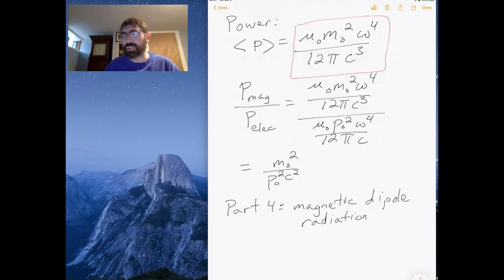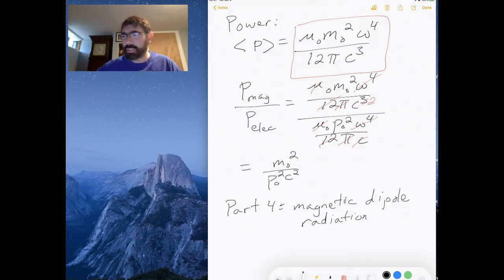So I took the ratio of the two, and a lot of the terms cancel out. What you're left with is just the ratio of the magnetic dipole moment squared over the electric dipole moment squared, divided by the speed of light squared.